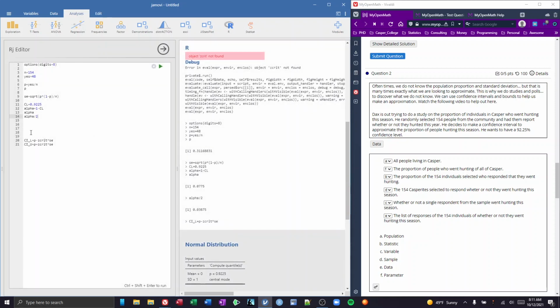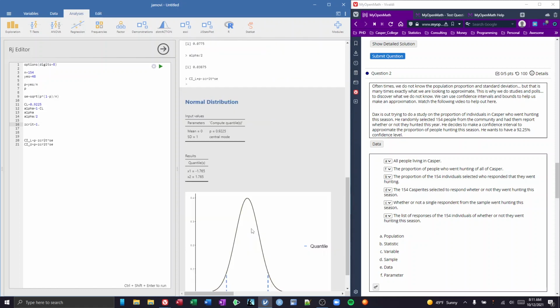Let's go back into here. Let's type out z crit equals 1.765. Forgot it already. Okay, so there is our z critical, and let's go ahead and run this whole thing real quick.